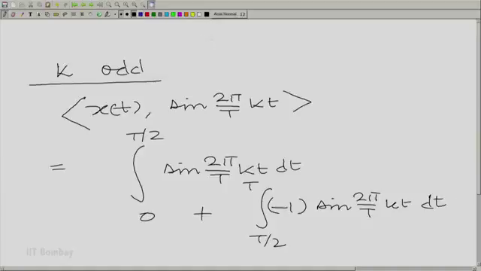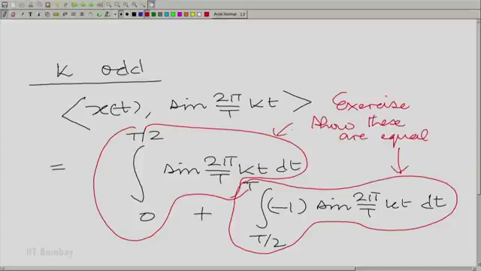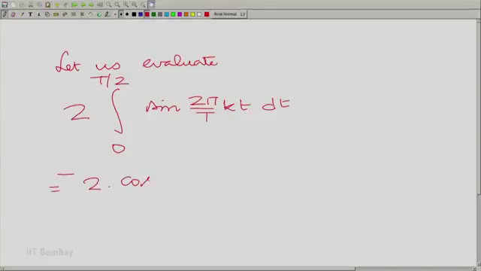Now, I leave it to you to show that this term and this term are equal. Exercise. Show these are equal. This one and this one. And therefore, I am just going to evaluate any one of them. Let us evaluate the integral from 0 to T by 2 of sine(2 pi by T kt) dt and multiply it by 2.